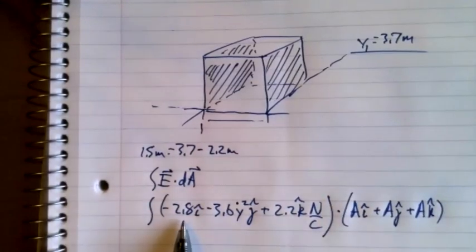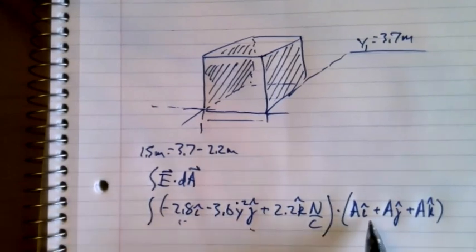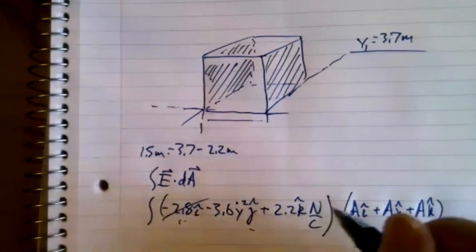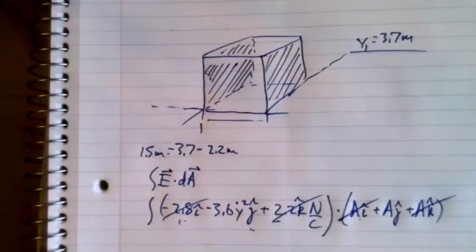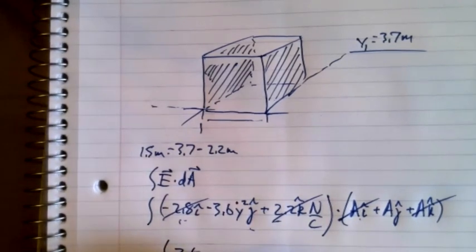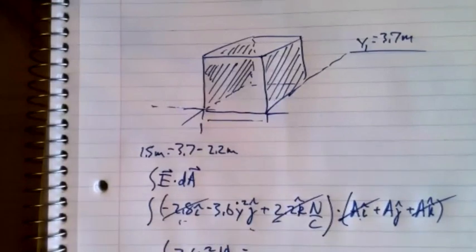All right. Well, we already said that the only one that matters is y. So when we multiply this over here, none of that matters. So all of this is going to go away except these ones. So I'm going to get the integral of 3.6 times y squared times dA. Okay.